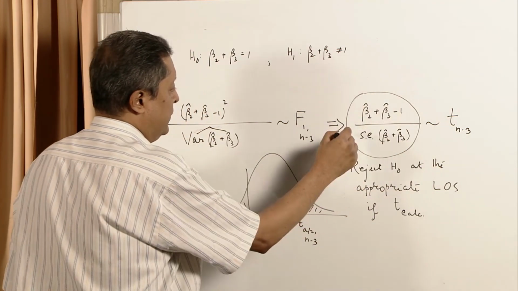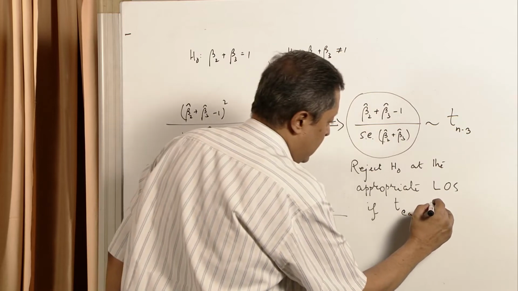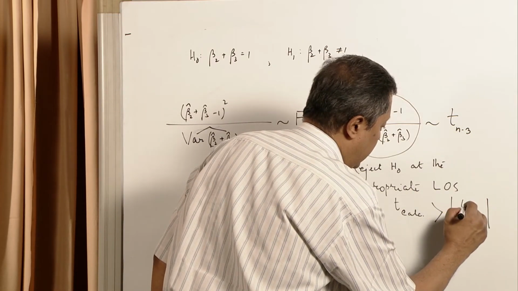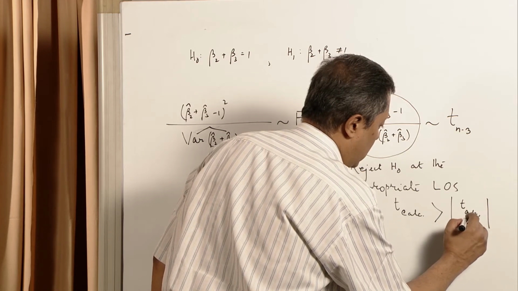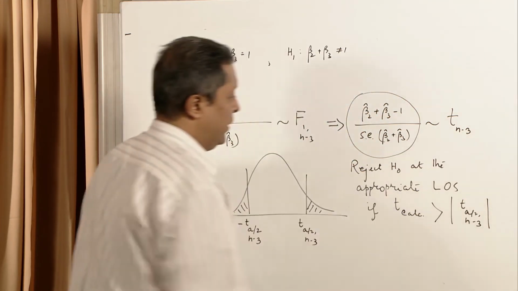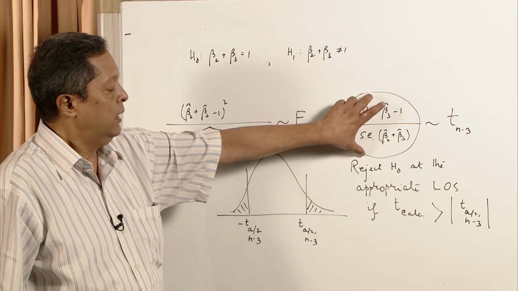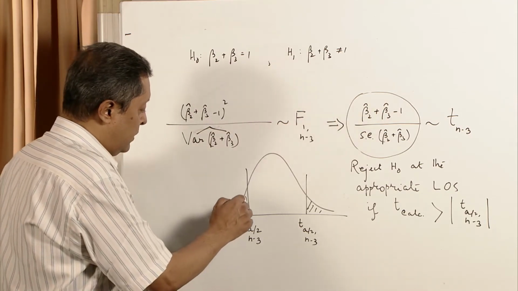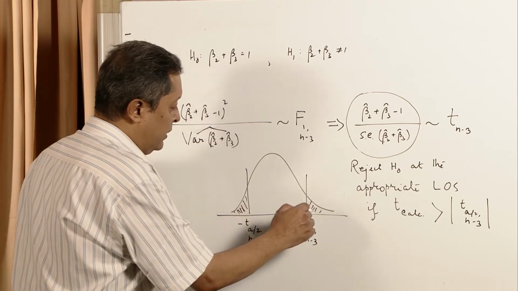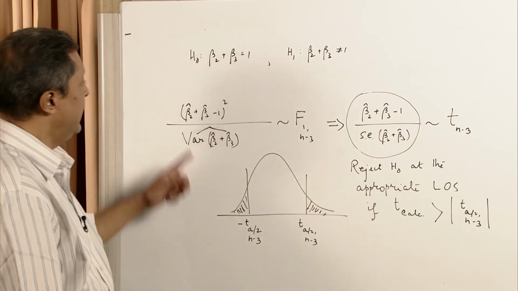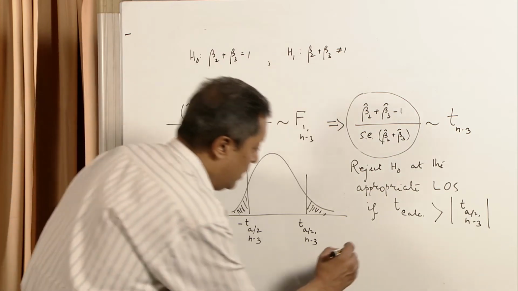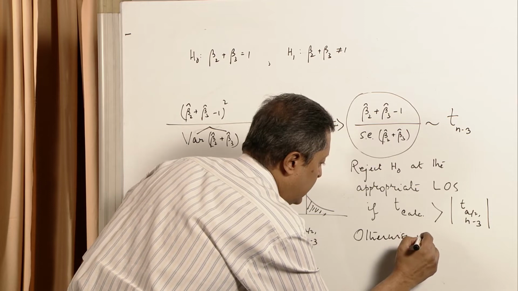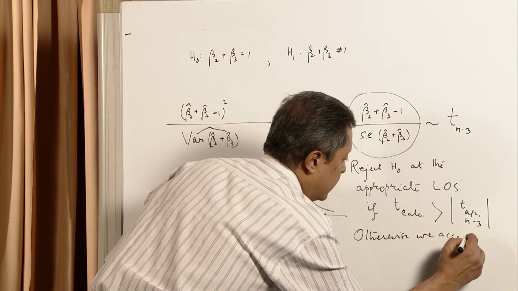That means, if the computed value of this t statistic lies either in this shaded part or in this shaded part, then we reject H naught. Otherwise, we accept H naught.